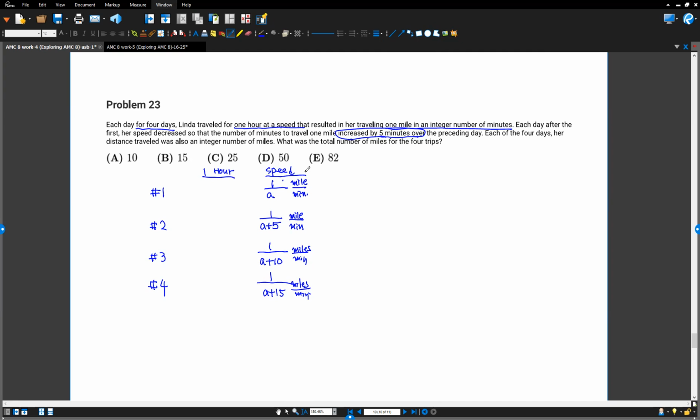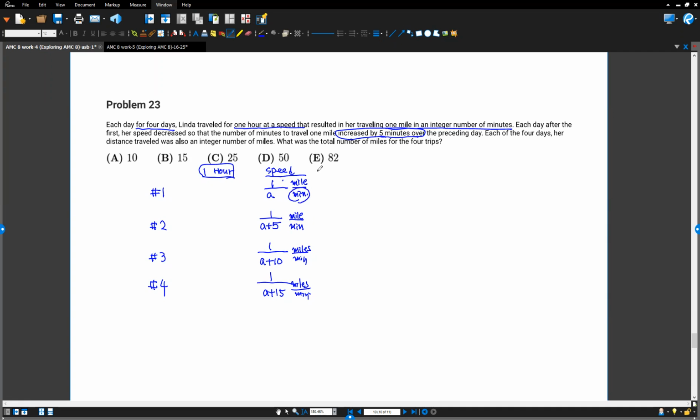Yes. Okay. So each of the 4 days, her distance traveled was also an integer, right? Now let's find the distance. She traveled 1 hour, which is 60 minutes, and this speed is per 1 minute. To find the distance for 1 hour, you multiply by 60 minutes.